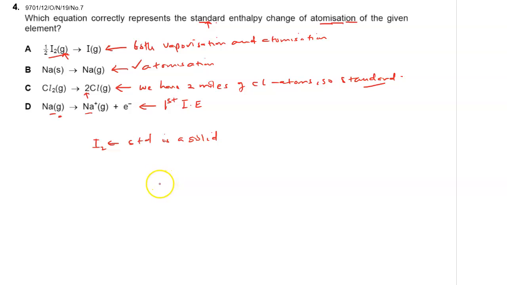So that is not basically atomization. Atomization, you start from the standard state of the solid. So iodine is usually in solid state at room temperature. So iodine gas is obtained by first melting, then vaporizing it. Therefore, this is both vaporization and atomization. So the right answer here is B.